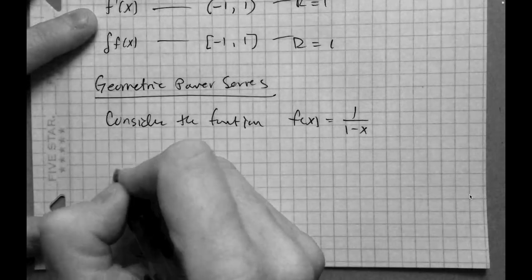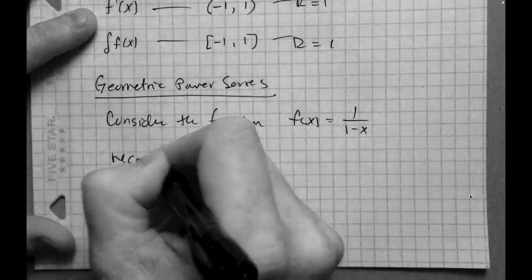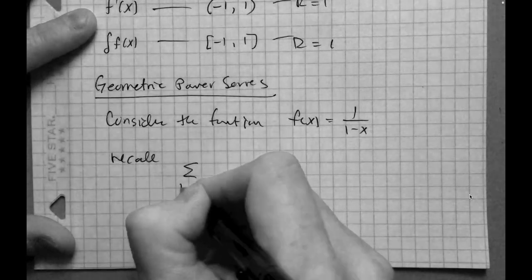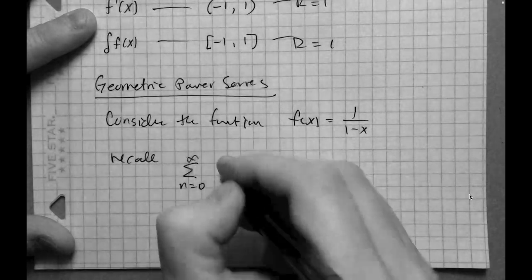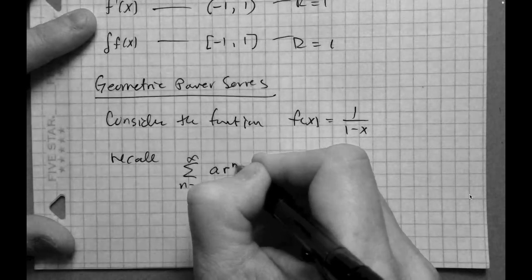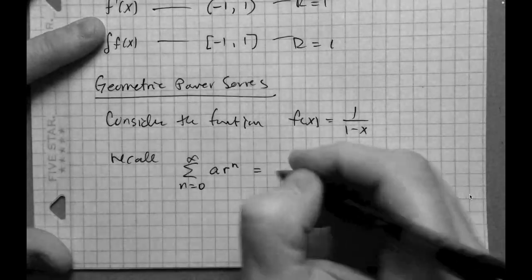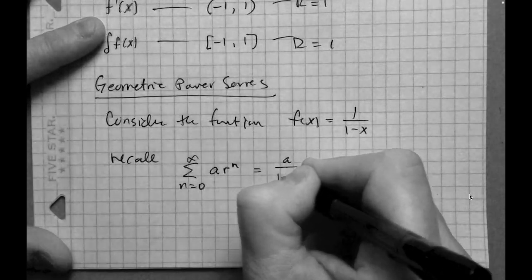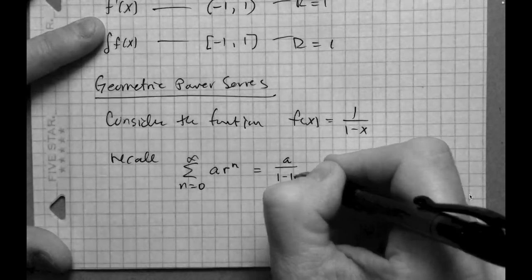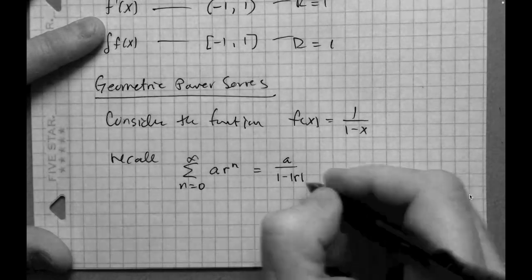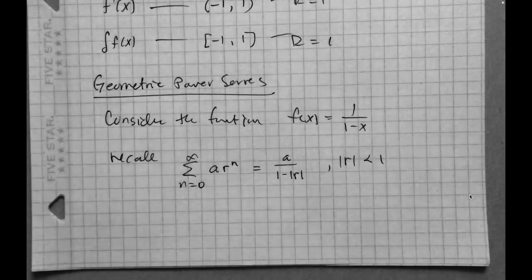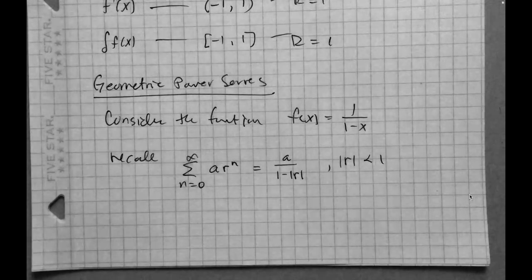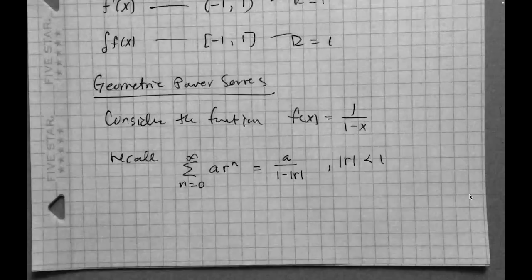Recall that a geometric series looks like this: the sum from n equals 0 up to infinity of a times r to the n, and that's equal to a over 1 minus r, where the absolute value of r is less than 1. Remember, r had to be smaller than 1 in absolute value in order for the series to converge.